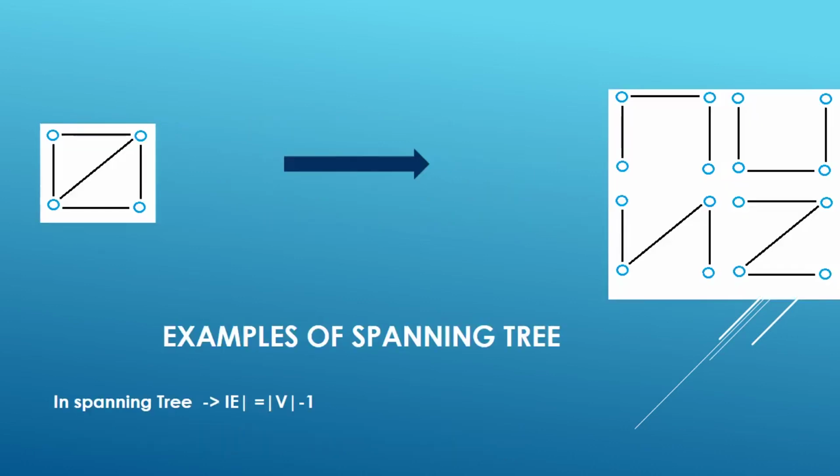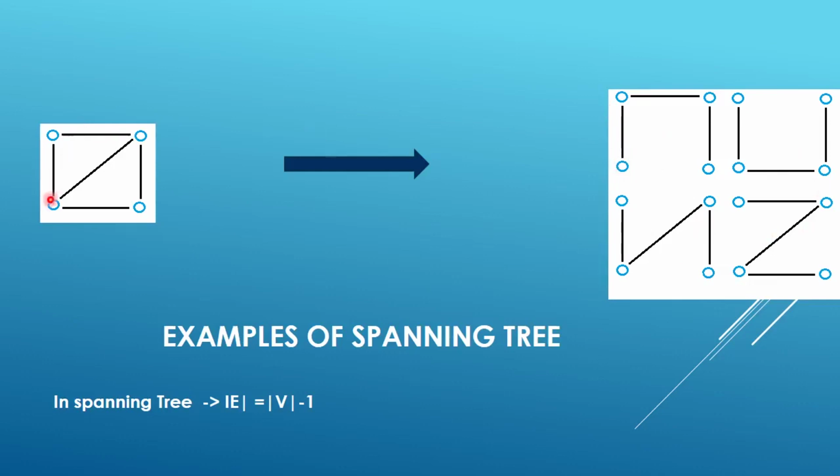Let's see the examples of spanning trees. This is the original graph, and for this graph I am going to find a minimum spanning tree. You can find even more spanning trees than what I have shown here. And how did I get these four spanning trees?